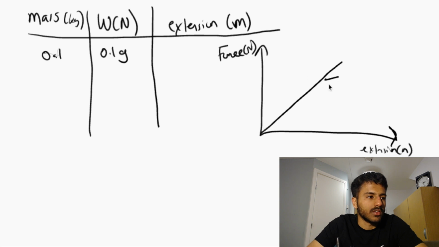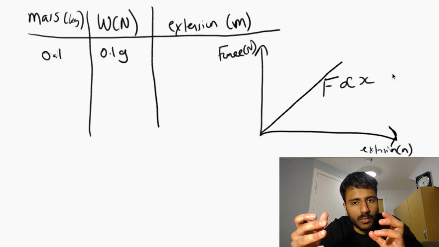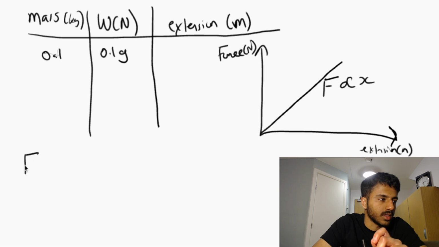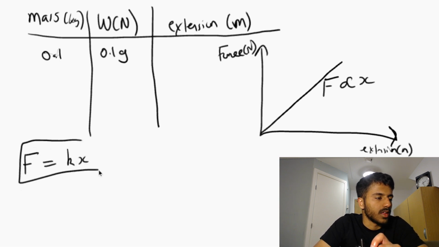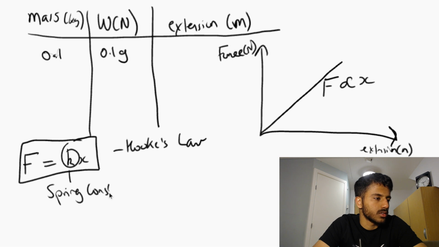And this here shows that the force on the wire or the string is directly proportional to its extension. And you can convert from a proportional sign to an equal sign by simply adding a constant. So you can now say that the force is equal to kx. And this is Hooke's law. And k here is your spring constant in newtons per meter.